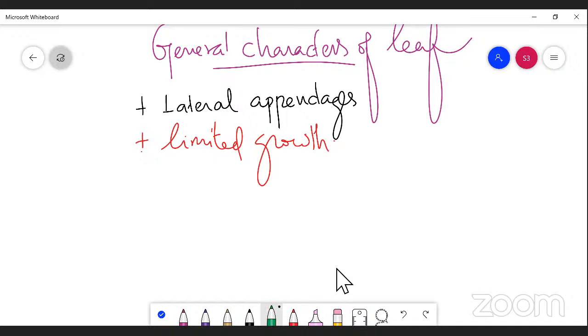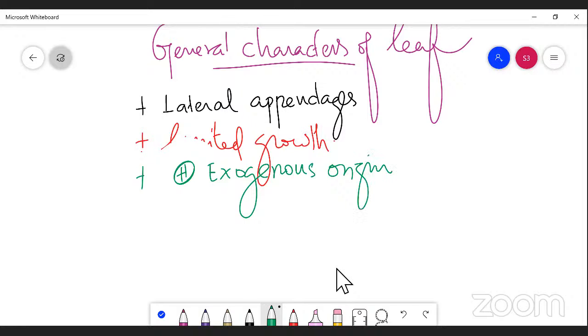And it is exogenous in origin. And it is a photosynthetic organ.